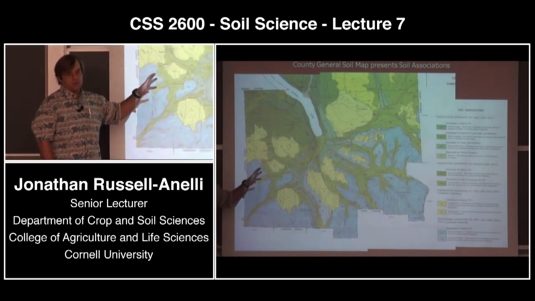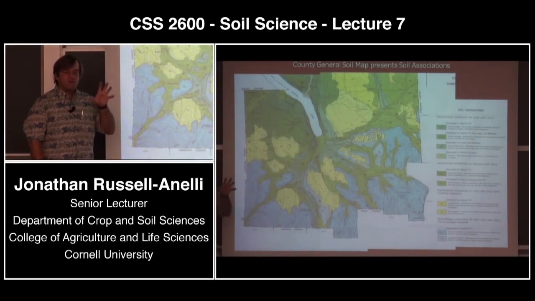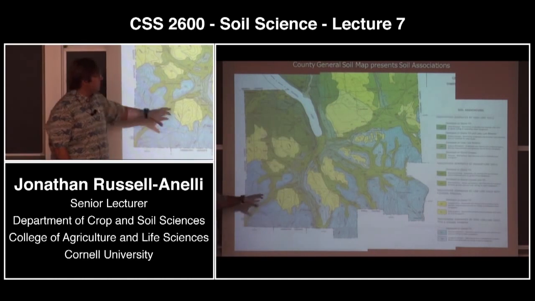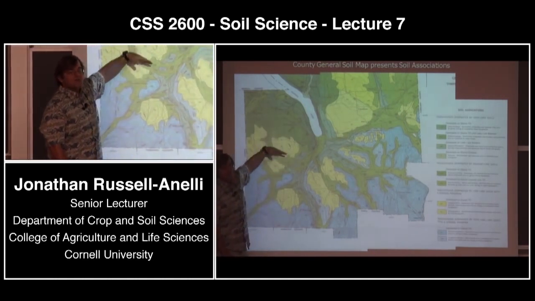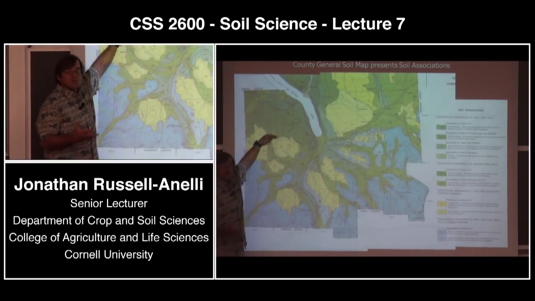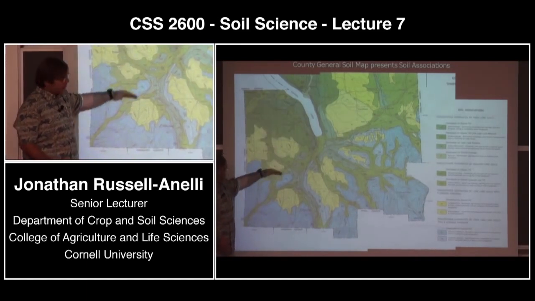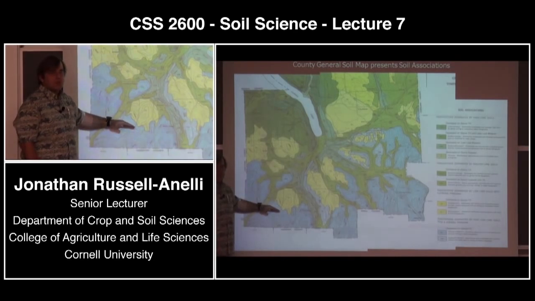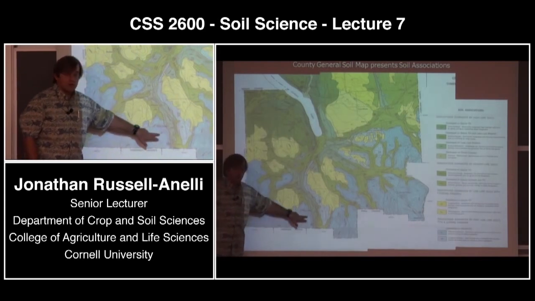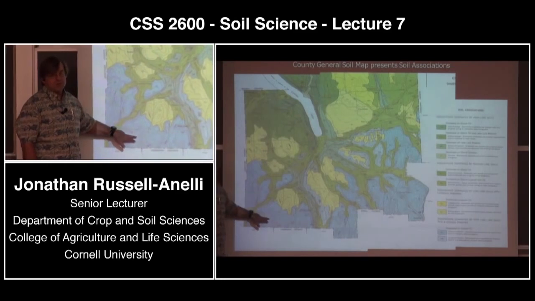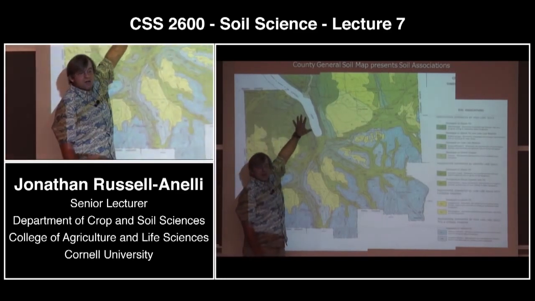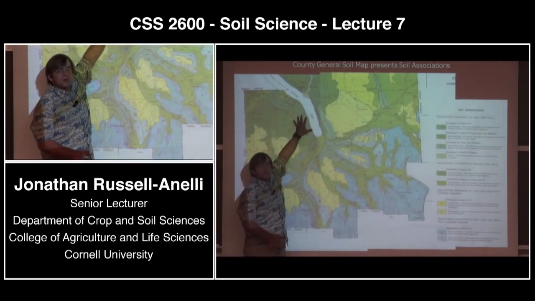They're a grouping of soils that typically are found together in this area of the landscape. As you go farther north in Tompkins County, we find sweeter soils, or soils that have a higher pH. As you go south in the county and into the higher elevations, we tend to find more acidic soils. Not all these acid soils are the same soil, but they are all acid soils. Not all of the soils up here are the same soil, but they all tend to be alkaline. Does that make sense?